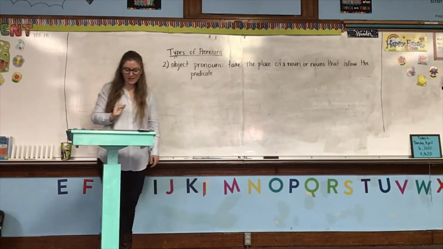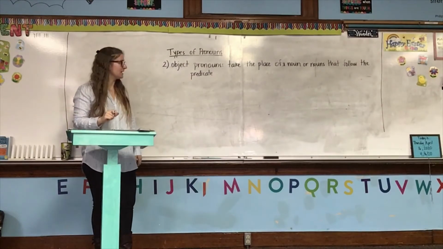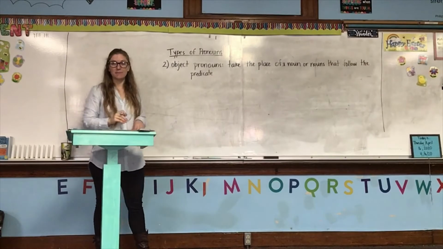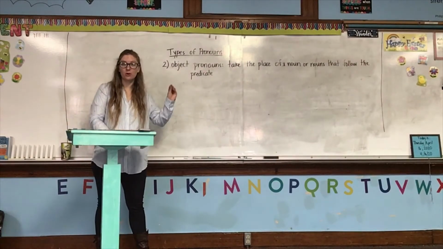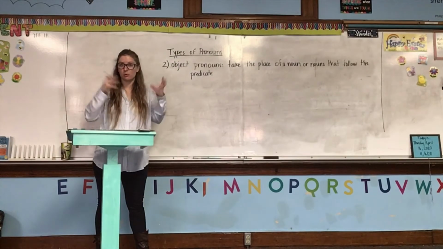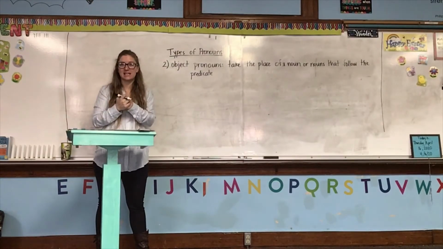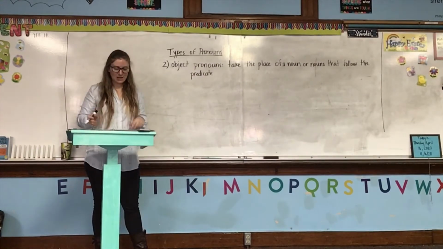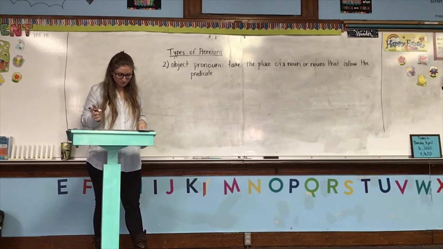And remember, the predicate is the action in the sentence. So object pronouns come after the predicate. The subject pronouns come before because they are the subject of the sentence. They are what is doing the action or is being whatever the sentence is saying. Whereas the object pronouns come after the predicate. They come after the action.